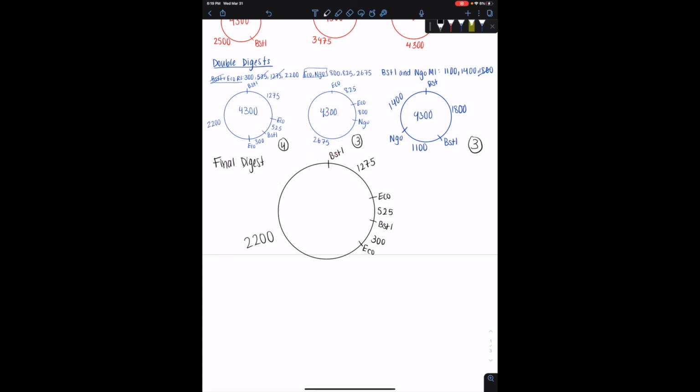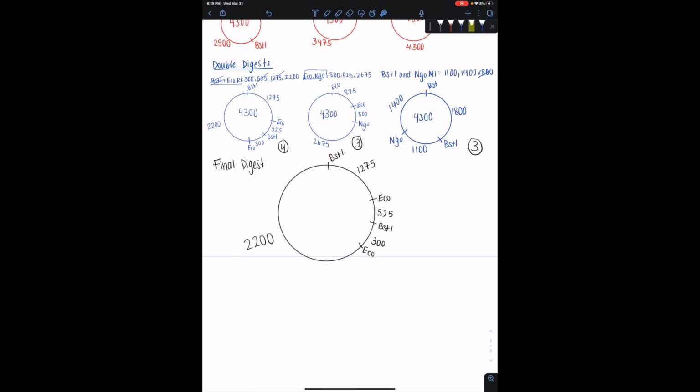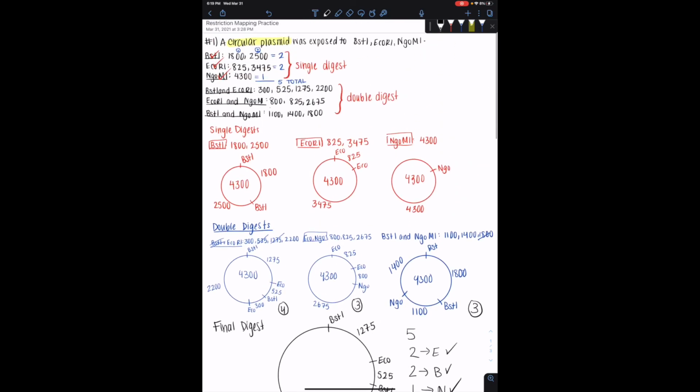So we knew from earlier that we needed 5 total cuts, and this digest only involves B and E, so we're missing N. We had 2 cuts done by E already, and then we had 2 cuts done by B. So we have one more cut needed by N, because N only does 1 cut.